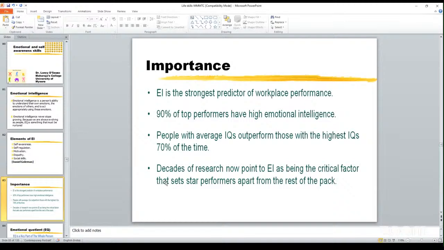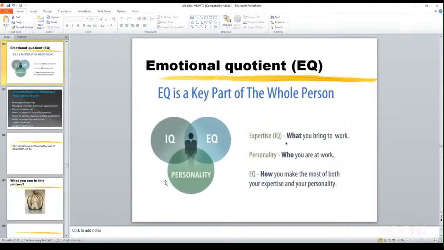Then, several research studies show EI as being the critical factor that sets the star performers apart from the rest of the pack. So those who have a good performance, even in business or commerce or any other ventures, are said to have high emotional intelligence. The way we measure emotional intelligence is referred to as emotional quotient or EQ.